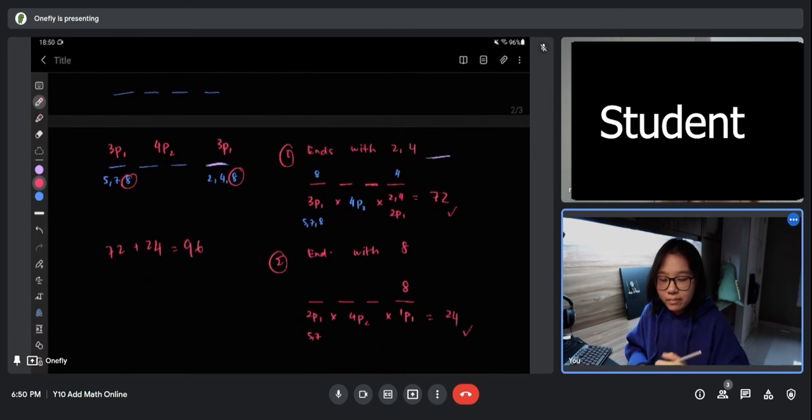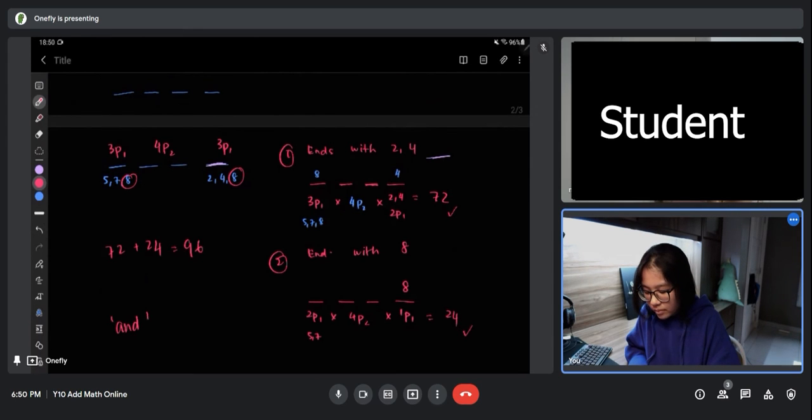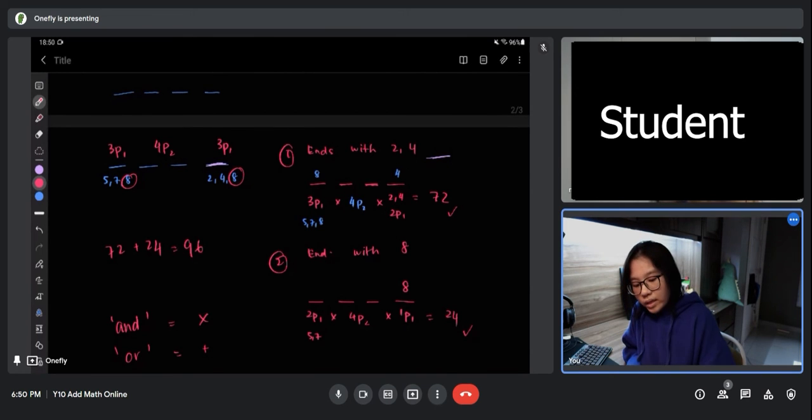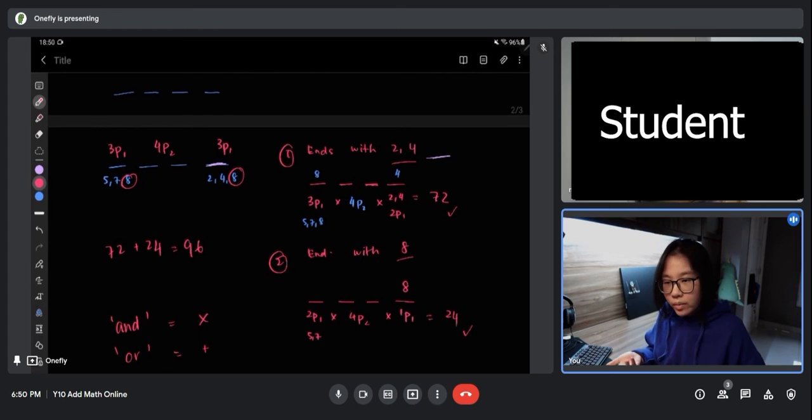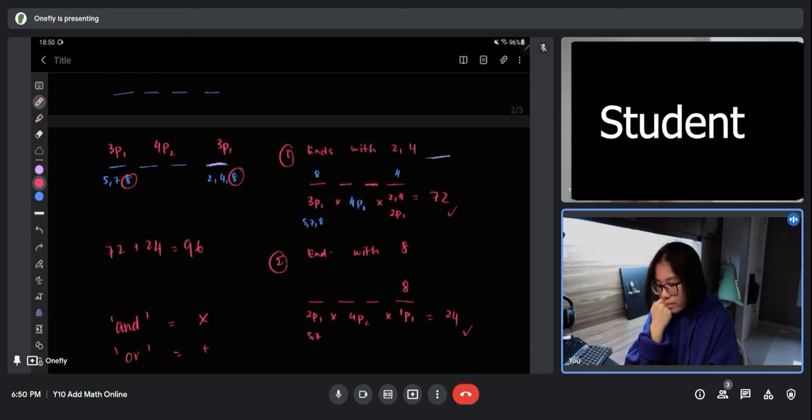When you have 'and', you multiply. When you have 'or', you add together. So this is the scenario where either ending with 2 and 4 or ending with 8. That's why we add them together. They are separate cases that could happen. Okay, you need some time to take this down?